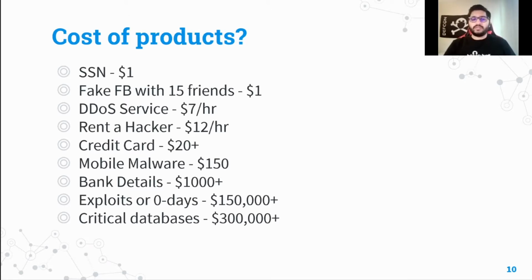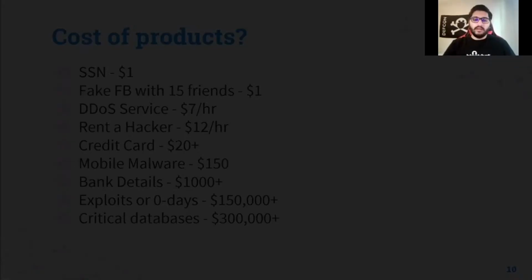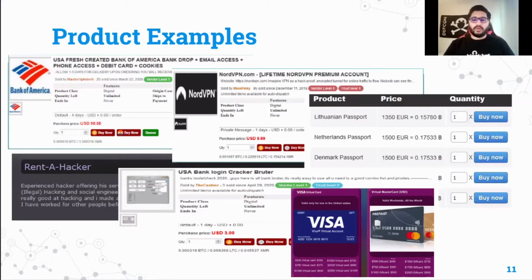I'm sure you must have seen news about several thousand Zoom accounts being sold on the dark web, or several thousand Facebook accounts or user profiles being sold on the dark web. This is the forum. These are several listings from several forums, and this is the way actors sell different products, and someone can go on these forums and buy stuff.